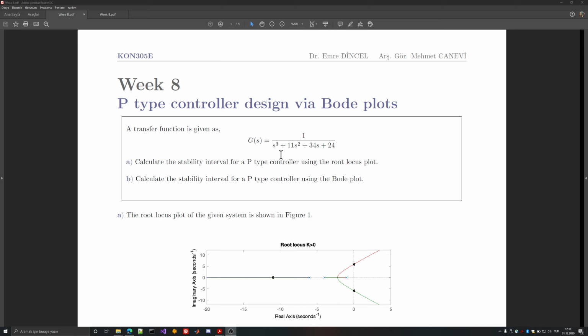If you convert these Cartesian coordinates into polar coordinates, then you can get the gain and phase that will change versus the frequency. And the Bode plot shows exactly these two plots, the gain and the phase plot.